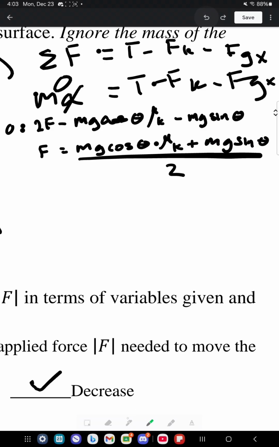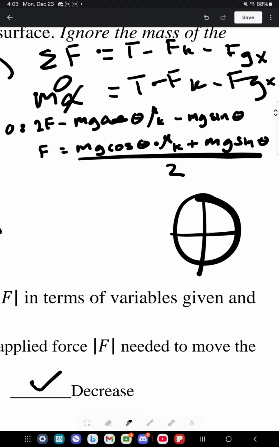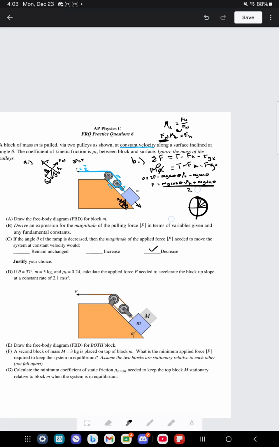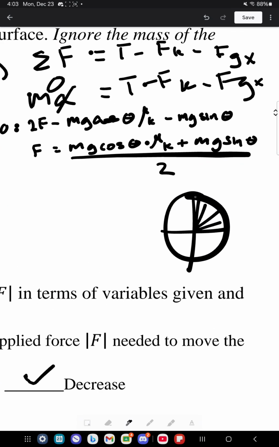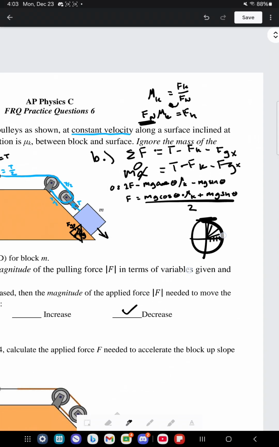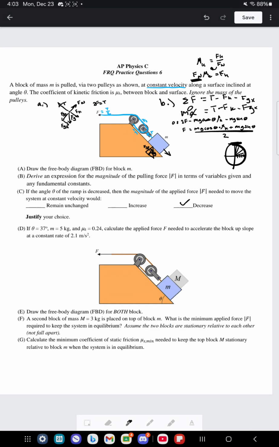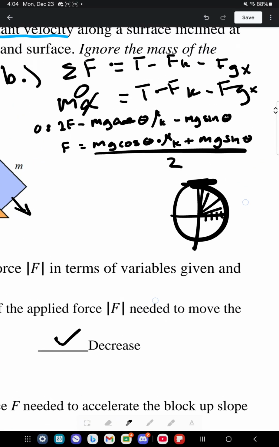How that works is on a unit circle, as you get angles closer and bigger to 90 degrees, the sine would get bigger because sine is your y value, and your cosine, which is your x value, would begin to decrease as the angle gets bigger. And the inverse is true as the angle decreases.